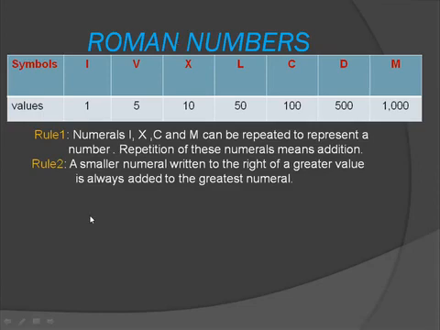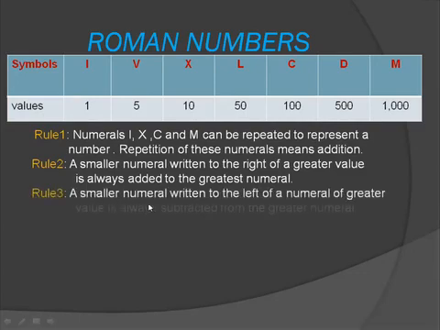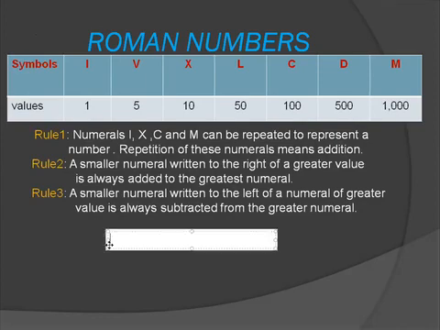Now let us see the third rule. A smaller numeral written to the left of a numeral of greater value is always subtracted from the greater numeral. In rule number 2 we saw that if you write smaller numbers on the right side, it will be addition. In the same way, if you write on the left side, what will happen?